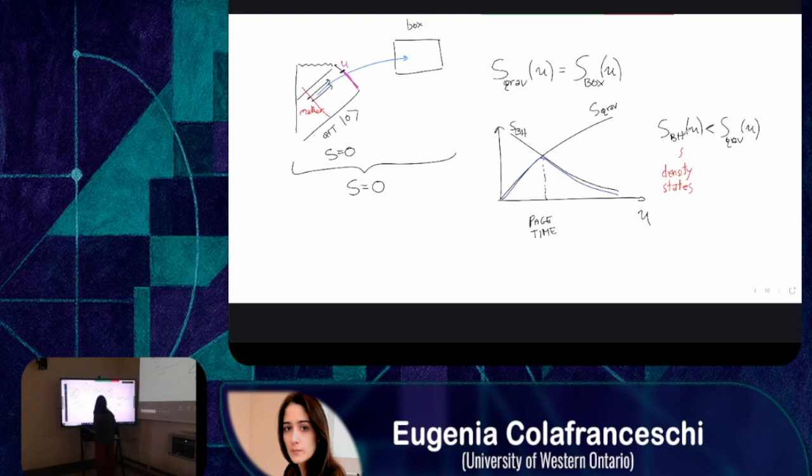Okay, so Page 1993 said, okay, there should be some corrections such that the entropy follows this curve. Okay, so let's see what happens when the black hole evaporates.